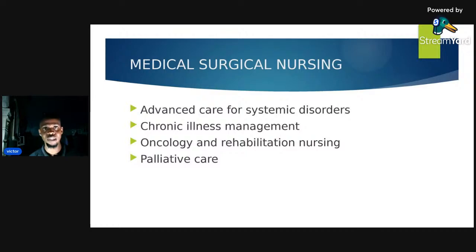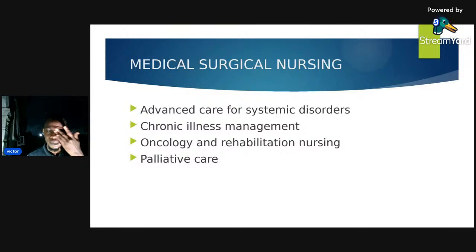Chronic illness management, there are some conditions that are chronic in nature, though it might start from acute stage before it will progress. For example, breast cancer. Breast cancer can start from the acute stage before it will become chronic in nature, whereby it can affect some other organs. It can affect the lungs, it can affect some other organs in the body.